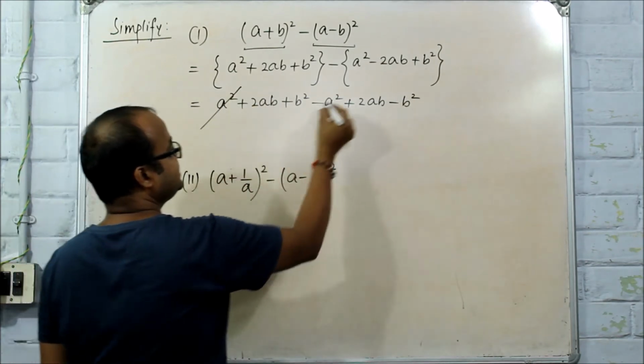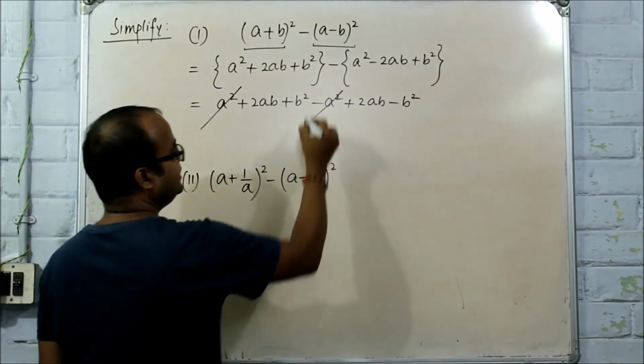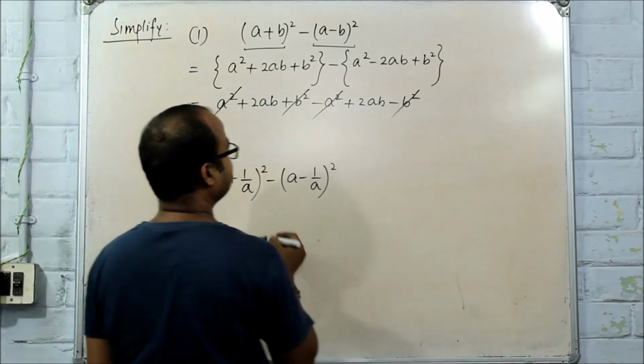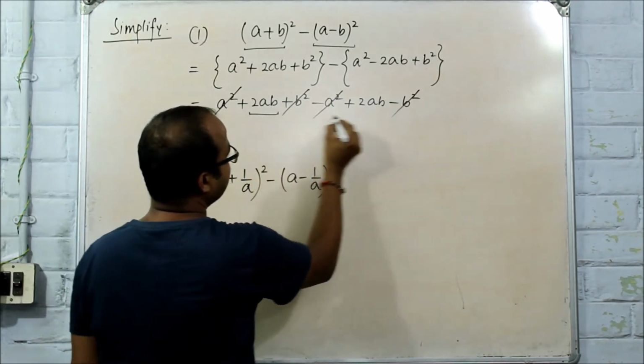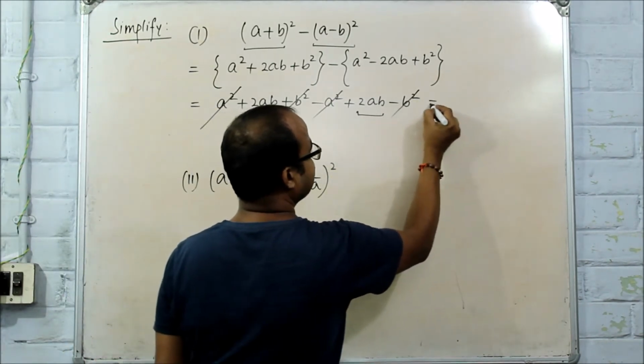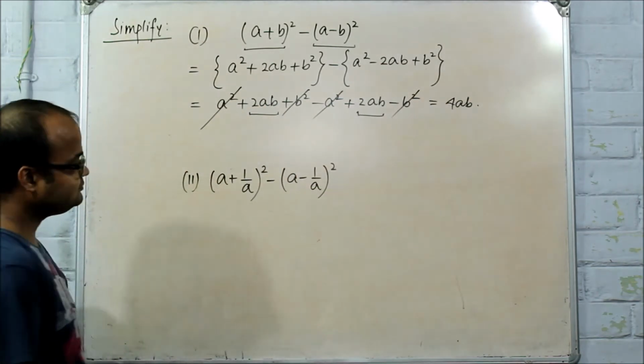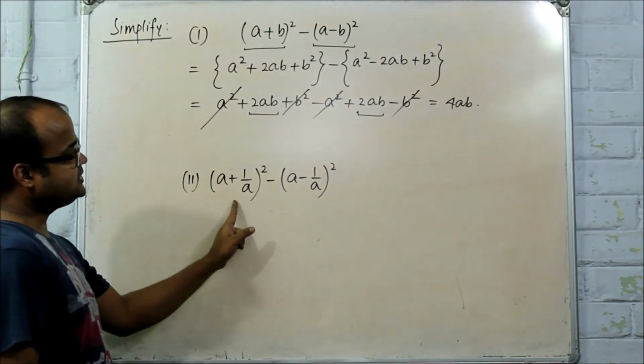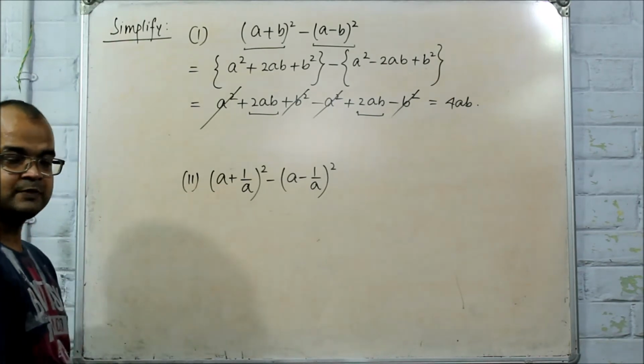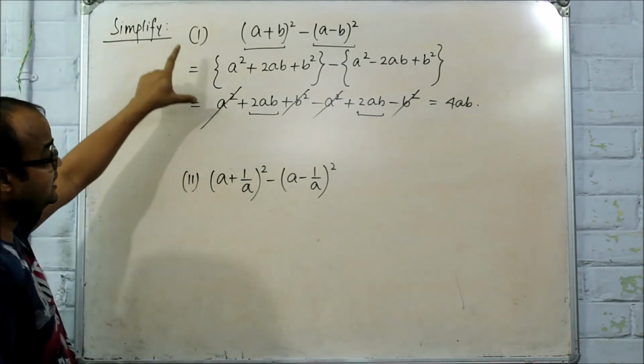Now see, plus a square minus a square cancel, plus b square minus b square cancel. So plus 2ab plus 2ab is equal to 4ab. Let us take this sum. I hope you understand this sum.